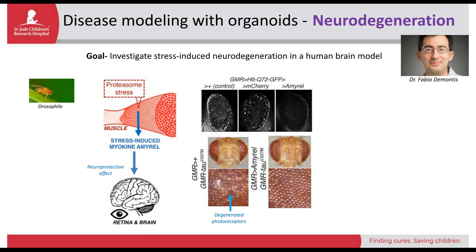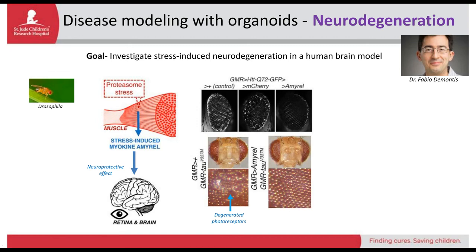However, if you overexpress amiral in the skeletal muscle of these Drosophila, these aggregates disappear. Similarly, Drosophila that express a mutant form of the tau protein have degenerated photoreceptors because of this protein aggregation. However, if you overexpress amiral in the skeletal muscles, then this degeneration again can be rectified.